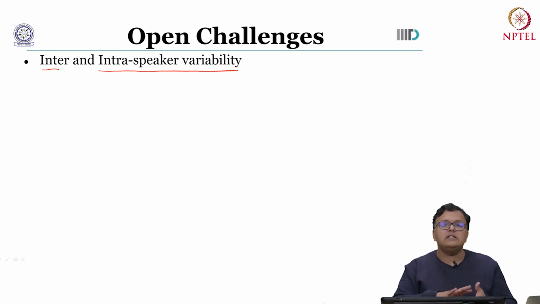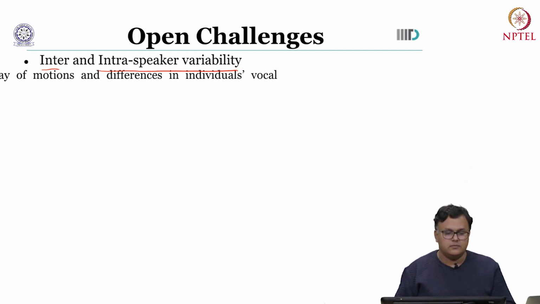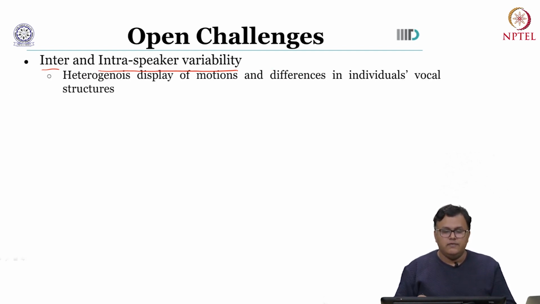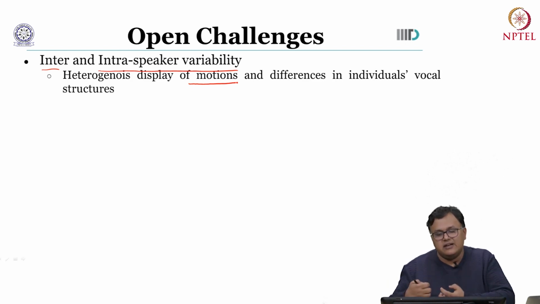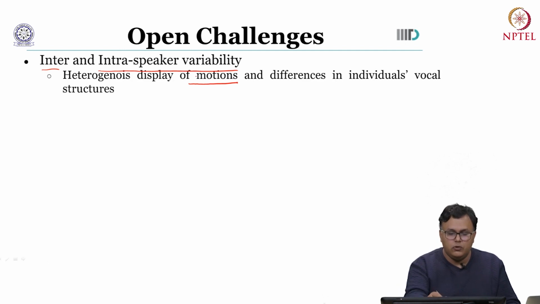So for generalization of affect analysis system which is based on speech, we would require to have generic representations. Now we will observe that when we want to have these generic representations, they will also have to be agnostic, or at least would have analyzed and then extracted generic representations for the different display of emotions and the differences in individuals' vocal structures.